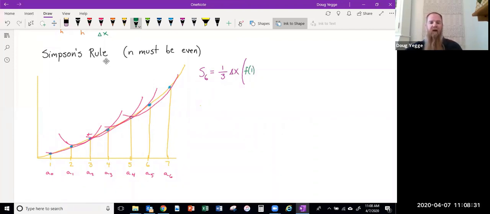But notice that you're gonna be alternating coefficients of 4 and 2, which is pretty interesting how that showed up. And I encourage you to look at that derivation from the Patrick JMT video. It's pretty cool. But notice that every odd value, starting with the 0 as the first term, will have a coefficient of 4. Okay.